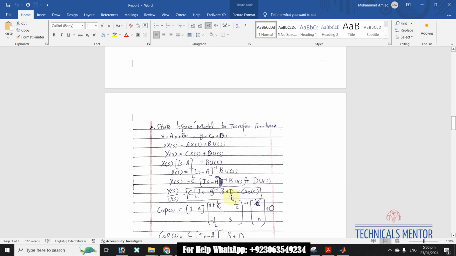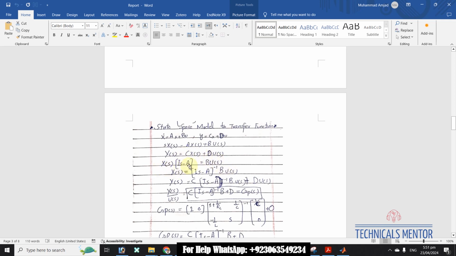State space model to the transfer function: x dot is equal to Ax plus Bu, y is equal to Cx plus Du. sX(s) is equal to AX(s) plus BU(s), Y(s) is equal to CX(s) plus DU(s).